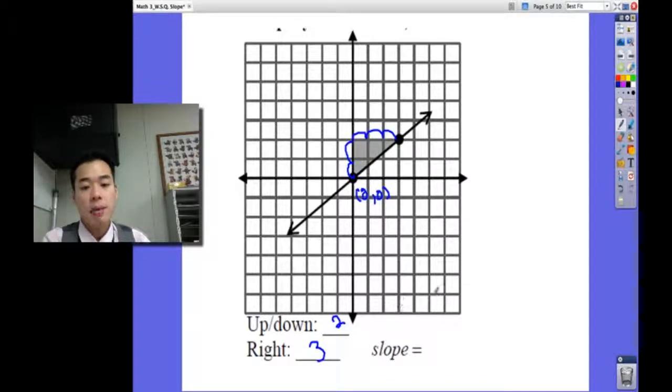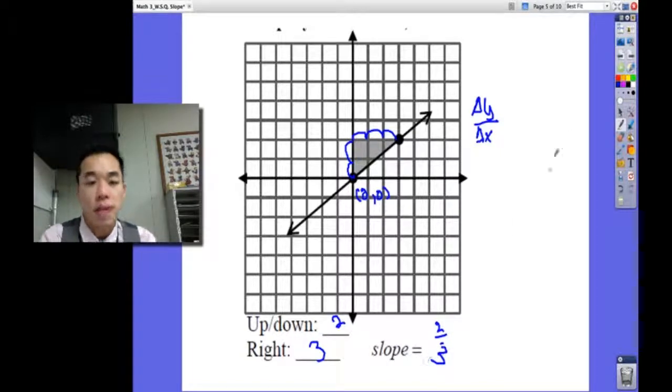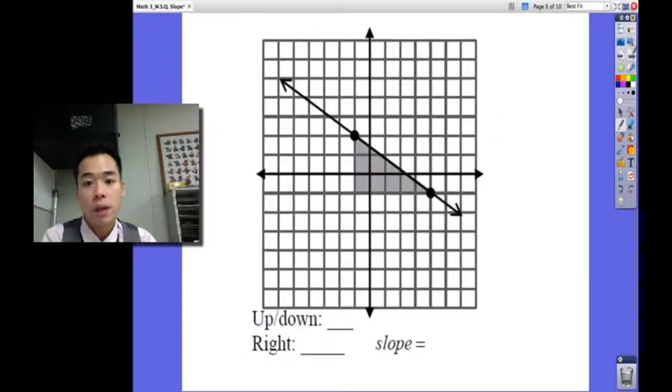And remember that slope is defined as the change in y over the change in x. So my slope is going to be 2/3. And that's how you use the slope triangle. You move from one point of the line to the other.